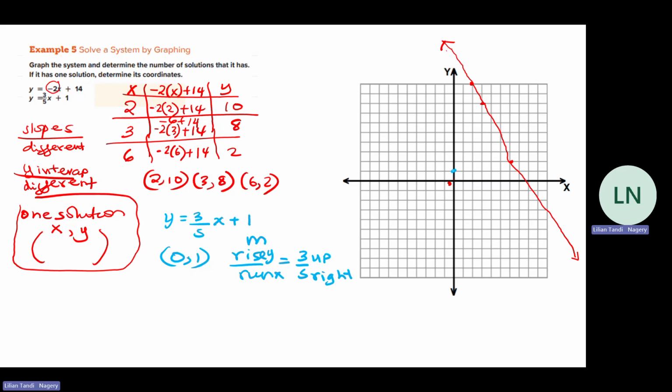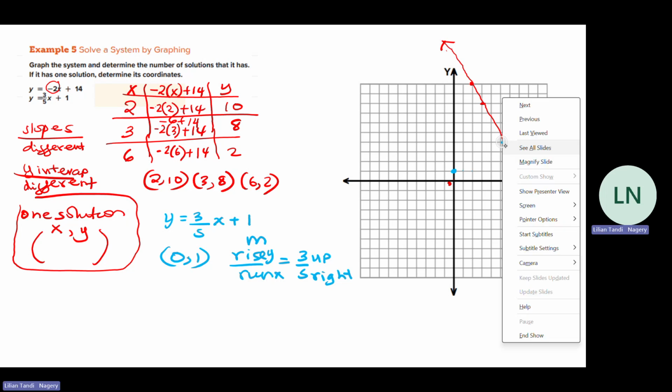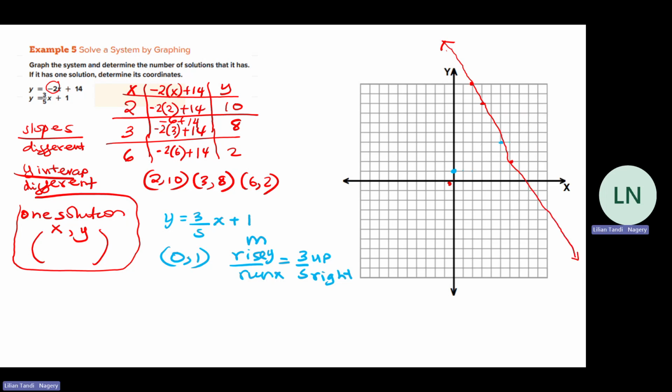And then after that, I will follow the slope. 5 right, 1, 2, 3, 4, 5, and then 3 up. So 1, 2, 3, 4, 5, 1, 2, 3 here. Okay, 5 right, 3 up, like that.